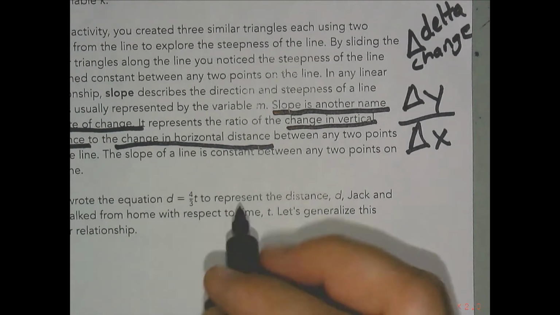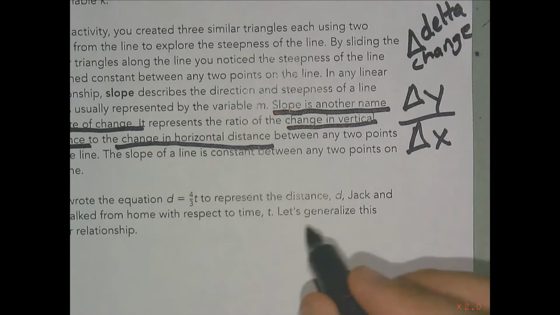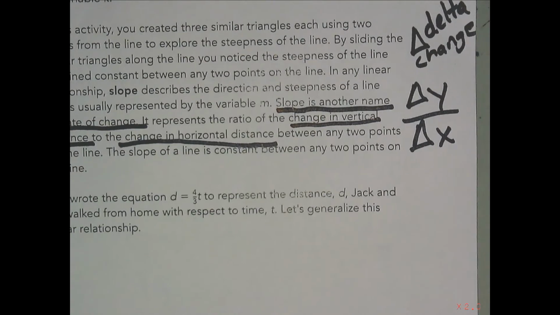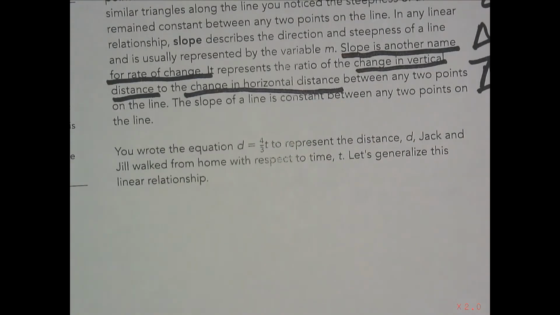You wrote the equation d equals 4/3 t to represent the distance Jack and Jill walk from home with respect to time. Let's generalize this linear relationship. So now we're getting very specific into the mathematics of it. How do we generalize that as a linear relationship? Well, let's see.